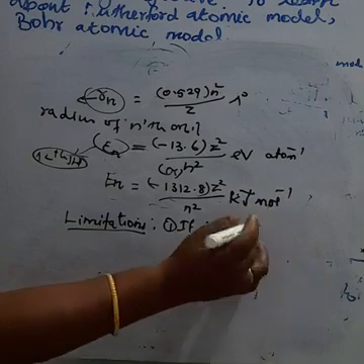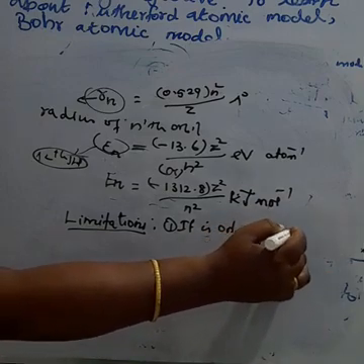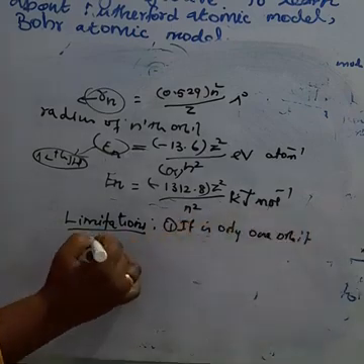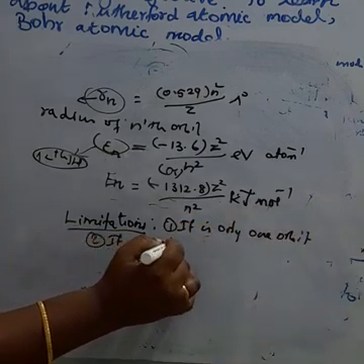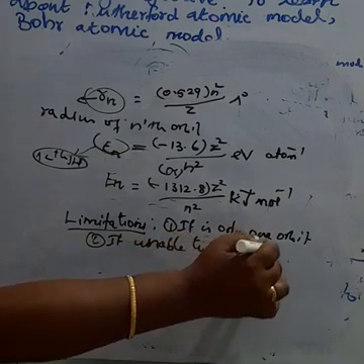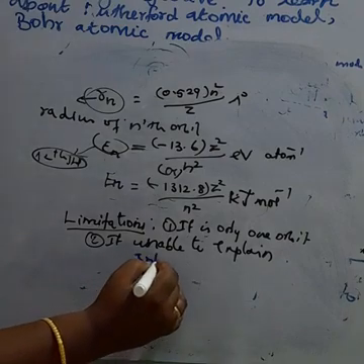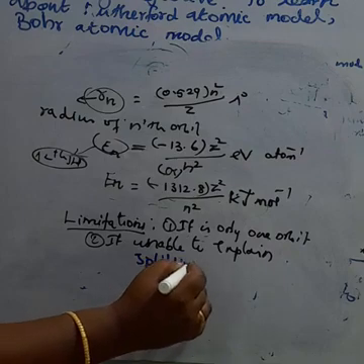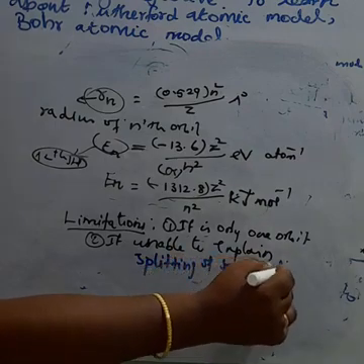Secondly, it was unable to explain the splitting of spectral lines in a magnetic field or electric field. What do you mean by spectral line? Dark or bright lines produced by emission or absorption of light. When emitting or absorbing light, atoms give the spectral lines.